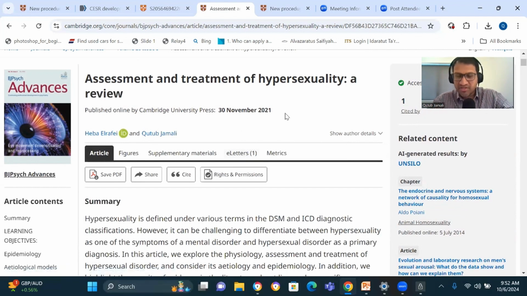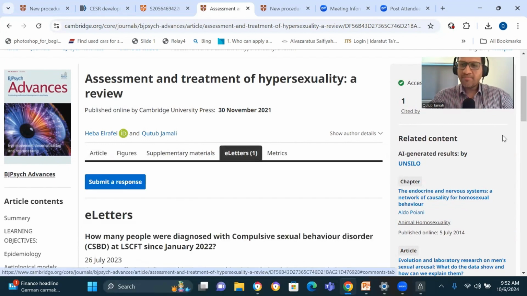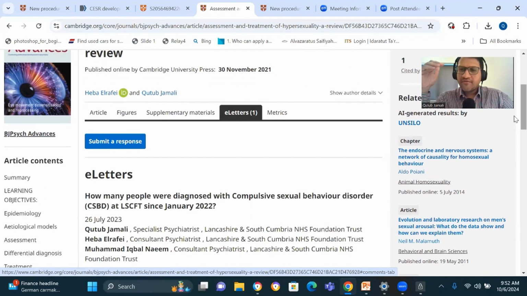This is the work I did in 2021, and it started in early 2021, and then it got published towards the end of 2021. This was a review article which I published, around hypersexuality. In psychiatry we use the International Classification of Diseases, and they mention every diagnosis in detail, the diagnostic criteria.